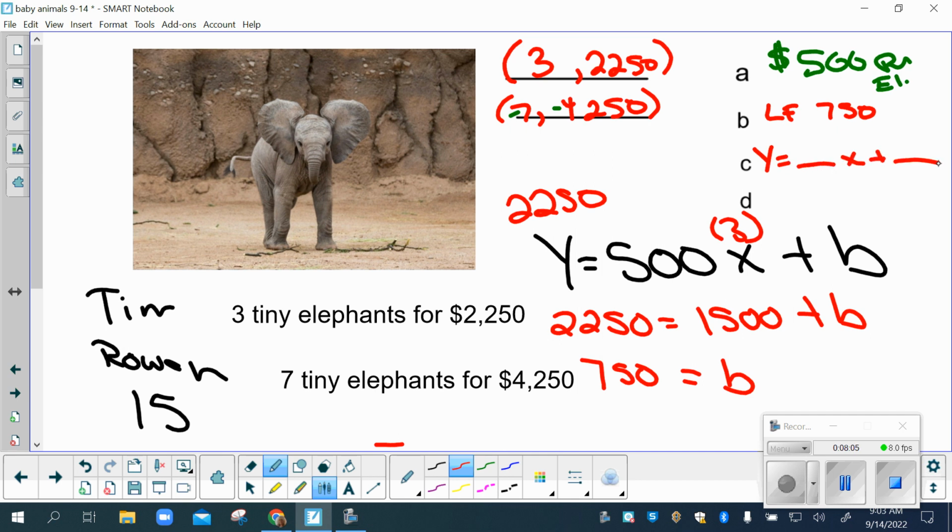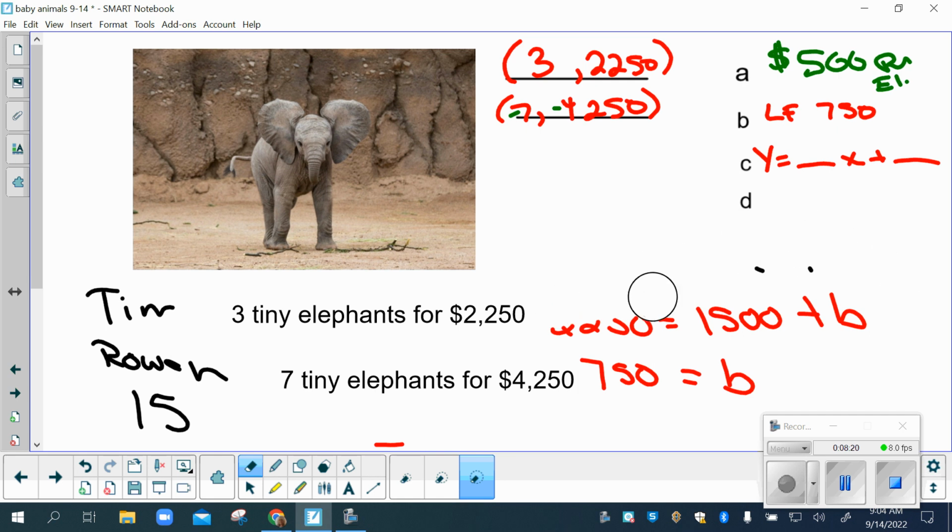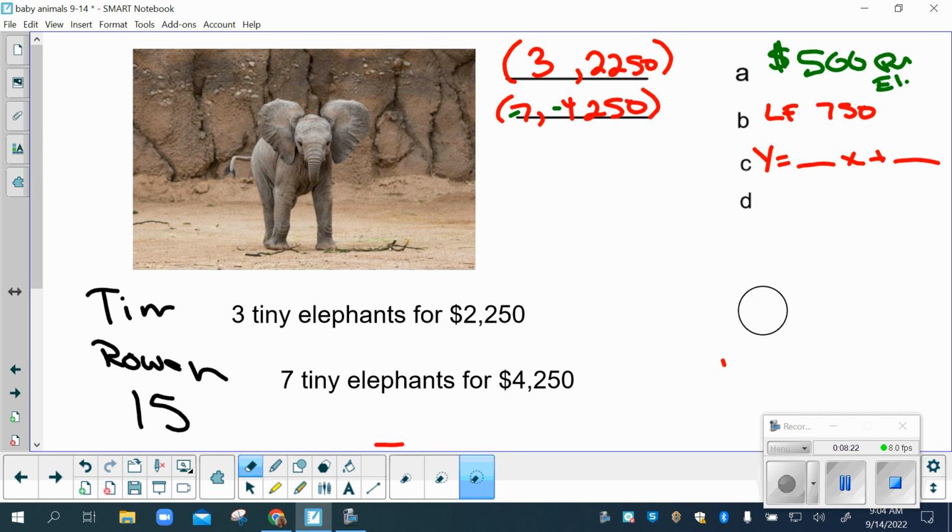Can you do that for me, using what we just did? See, I'm just breaking it down for you. Nice and easy. So hopefully what you put in there looks like this. I hope what you did is you said 500x plus 750.